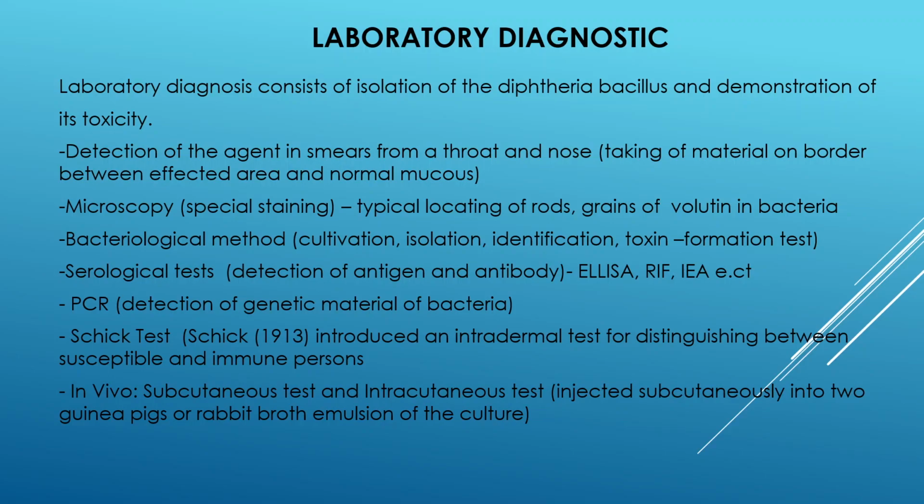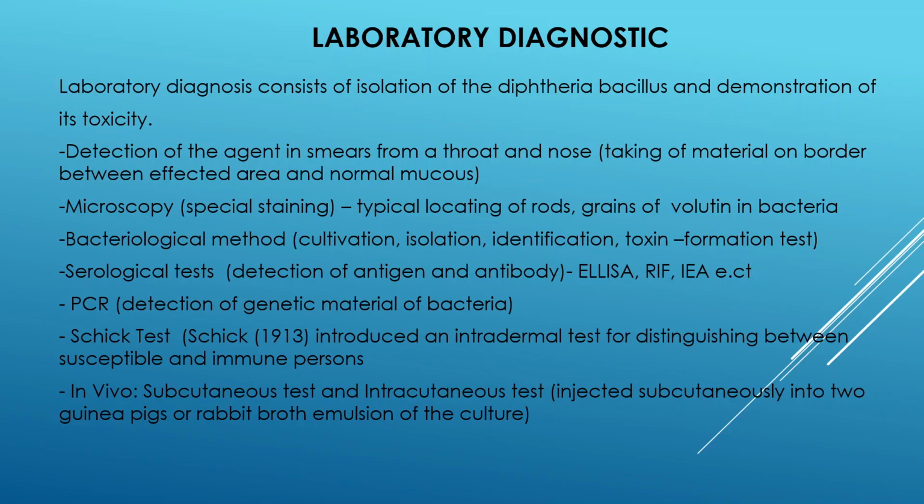For identification we use biochemical reactions, and we use the Elek test to study toxigenicity, because only Corynebacterium diphtheriae, which includes three biotypes, gravis, mitis, and intermedius, produces toxin. Other strains of Corynebacteria do not produce toxin.